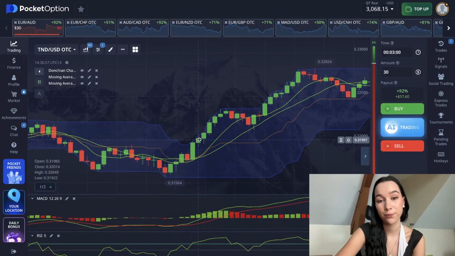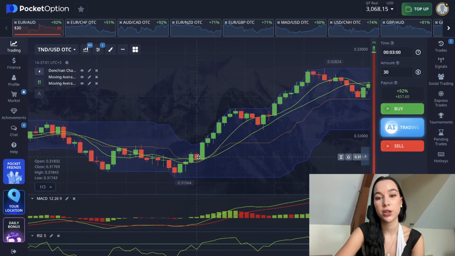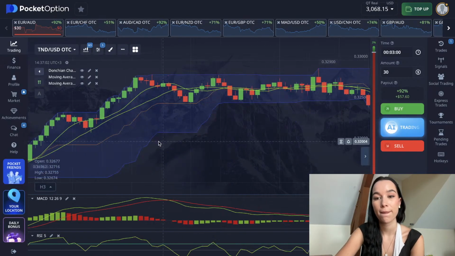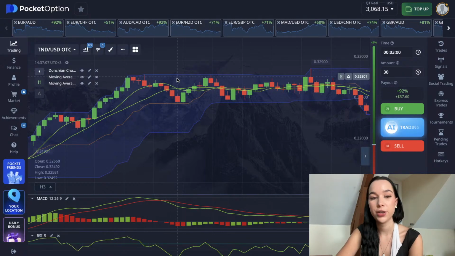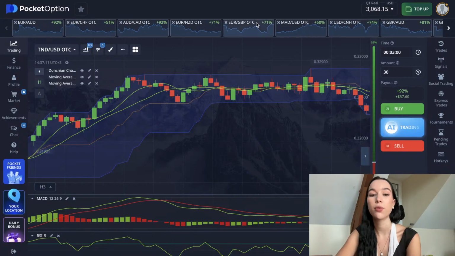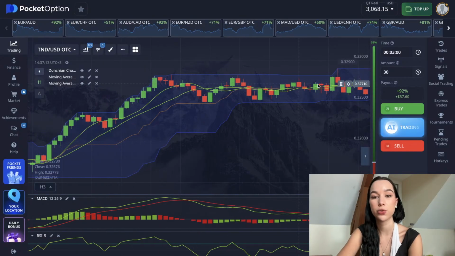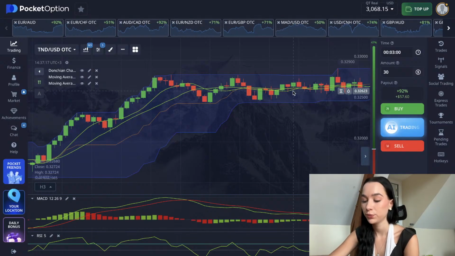For example, here is a pretty good one, also three white soldiers, three green candles showing the uptrend. Here, for example, it was difficult because you see three red candles going right after each other, but then boom, it reversed in the upward direction, because here it was a lateral movement. You can see it by the Donchian channels, of course.